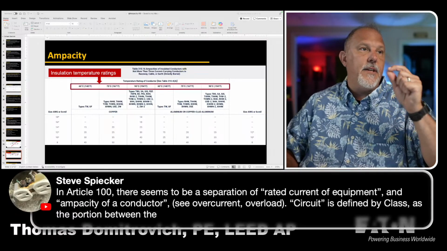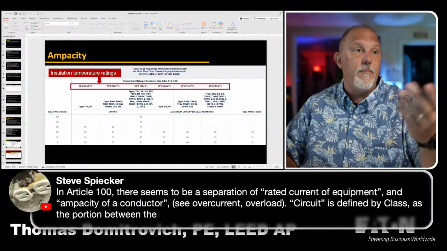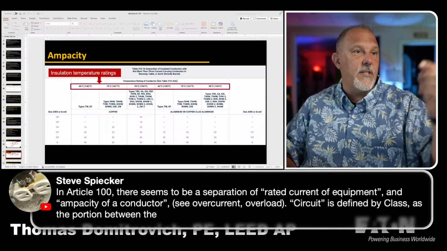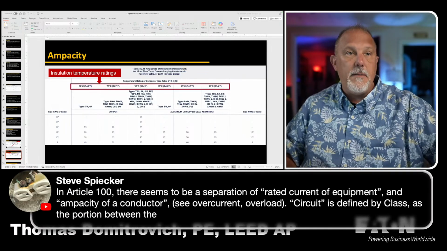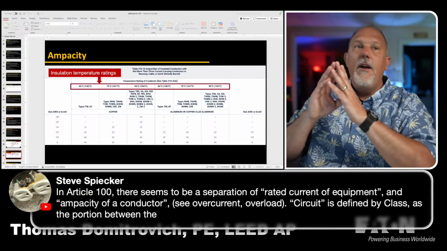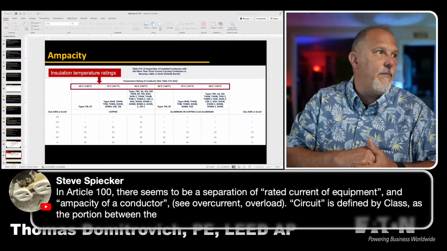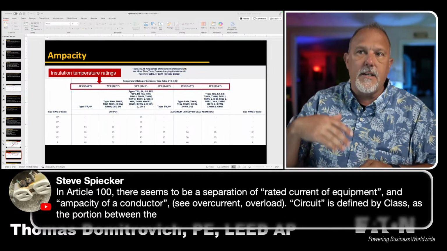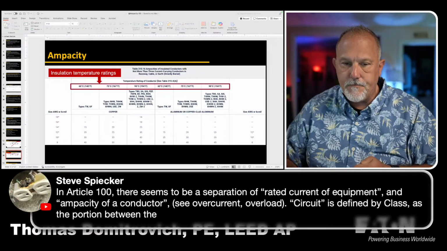So this is ampacities of insulated conductors with not more than three current-carrying conductors. This is in your same size, but this is different. This is your Type Z, your FEPs, your PFAHs, TFEs, etc. So all of the tables in 310 that deal with the ampacity of conductor values are going to have a temperature rating for that conductor.